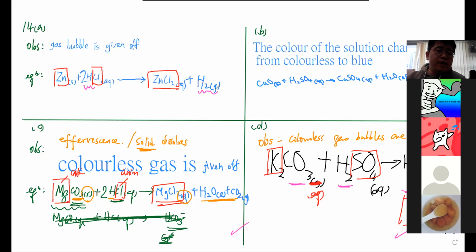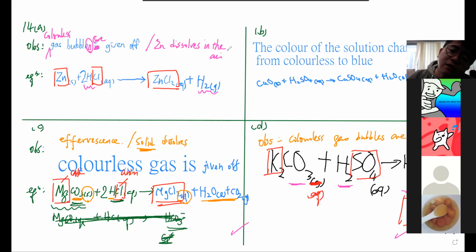So you may say that there are colorless gas bubbles given out. Not just one, so many, right? Or you say that the metal, the solid, dissolves. Can you get the point?